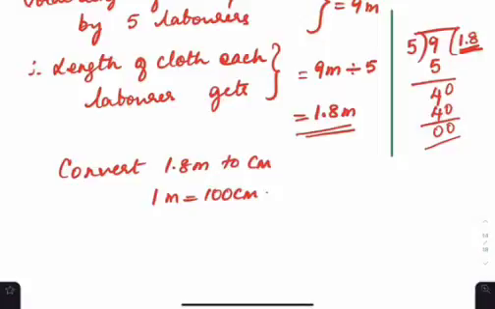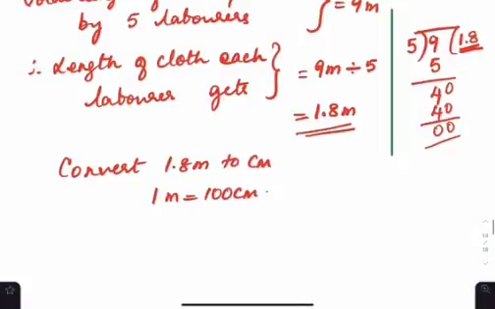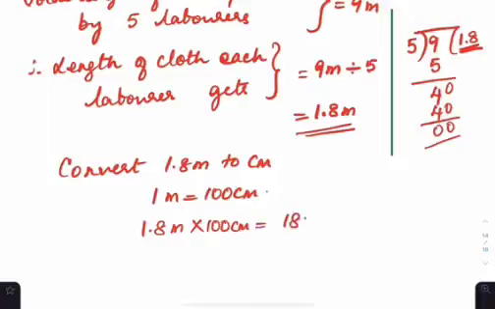Now if 1 meter is equal to 100 centimeters, then how about 1.8 meters? Then 1.8 meters into 100 is equal to 180 centimeters. It is actually 180.0. We don't consider 0 after decimal point. So 180 centimeters.